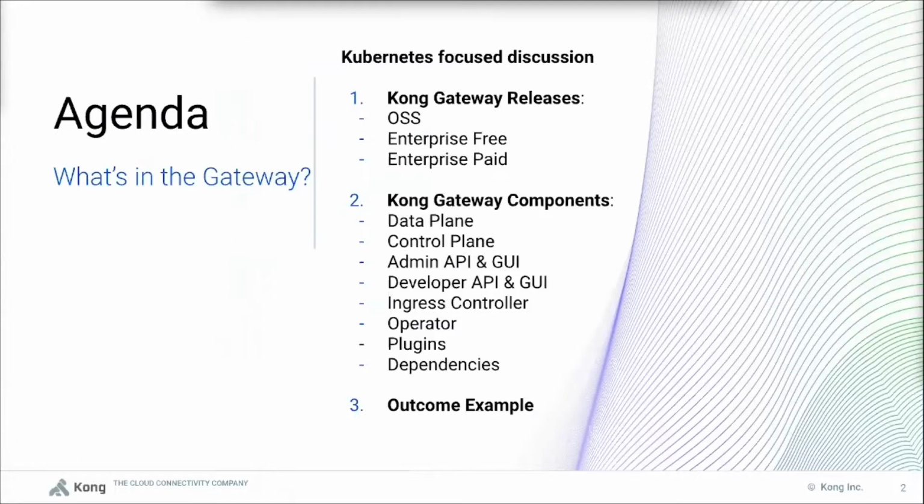The Kong Gateway releases include the open source version, an enterprise free version, and an enterprise paid version. So obviously the open source is the open core of the Kong API Gateway, and that provides all of the features required to be the best in the game for serving traffic and making sure that your customers can reach your application in a resilient, reliable, and low latency way.